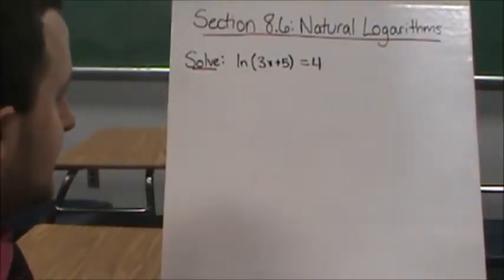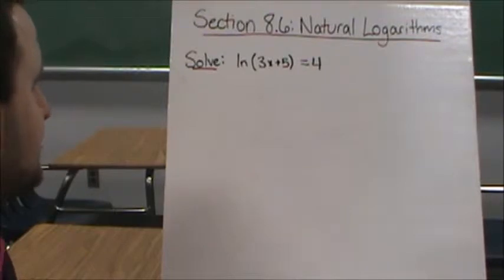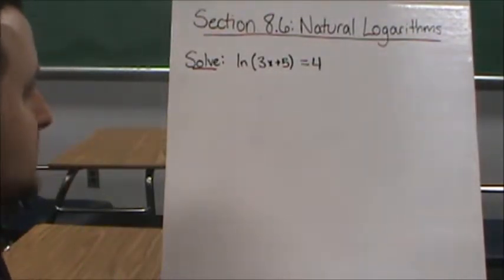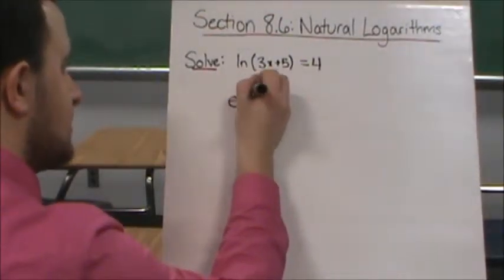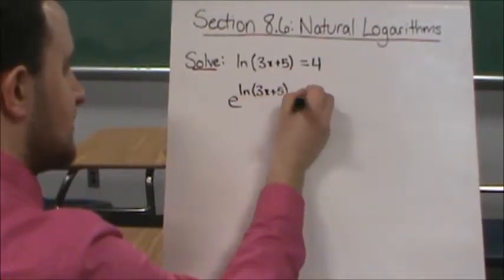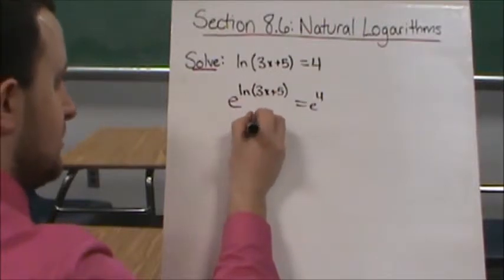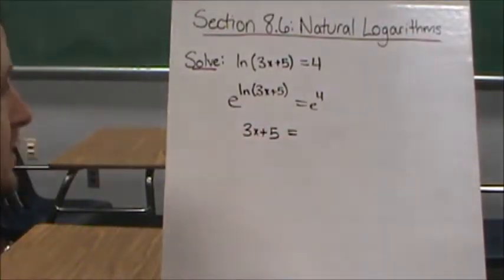Here's the first example of solving these natural logarithmic equations. We have ln of 3x plus 5 equals 4. Remember, first step, we introduce a base e to both sides. So we get e to the ln of 3x plus 5 equals e to the 4th. The e and the ln cancel, so we get 3x plus 5 on the left side of the equation.